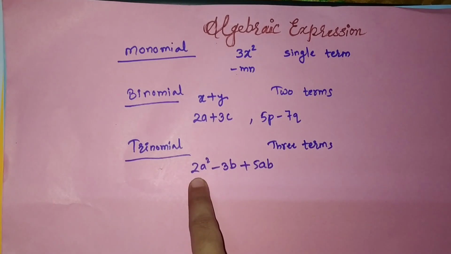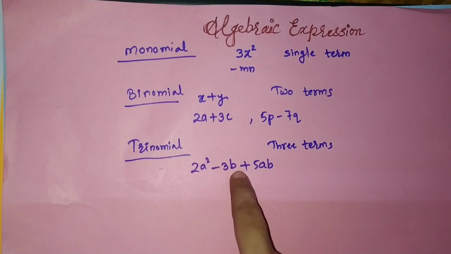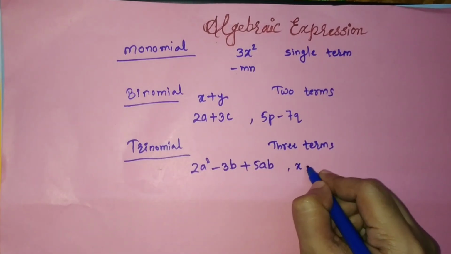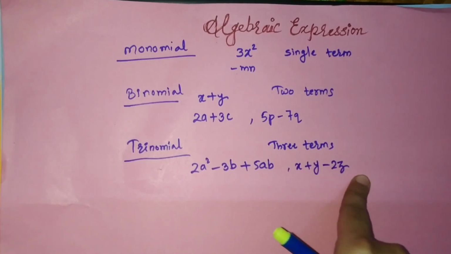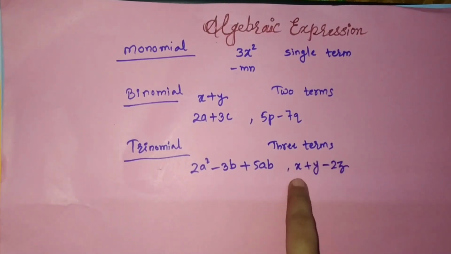So it contains three terms here, like 2a square, another is 3b, and the next is 5ab. Another example with three terms is x plus y minus 2z. This is one more example of a trinomial. So a trinomial contains three terms, 1, 2 and 3, which are added or subtracted.